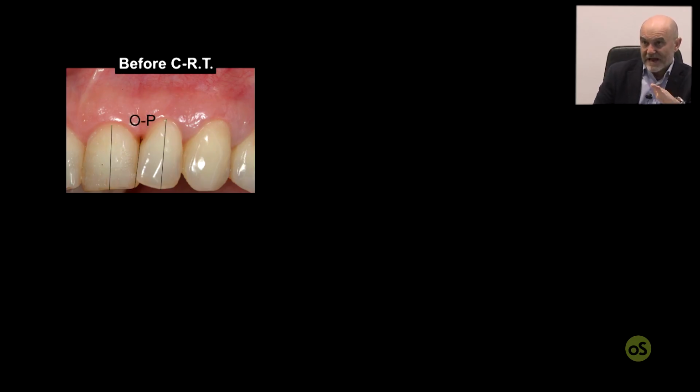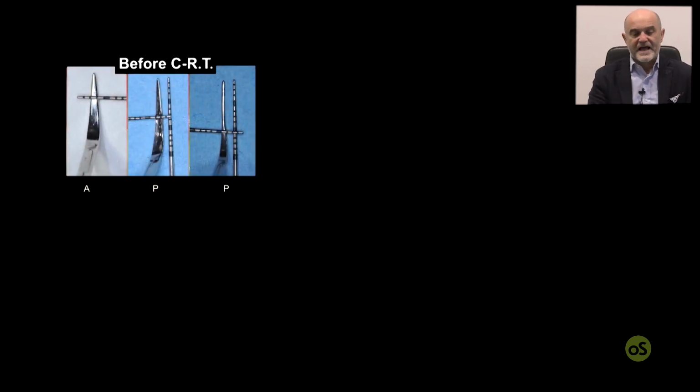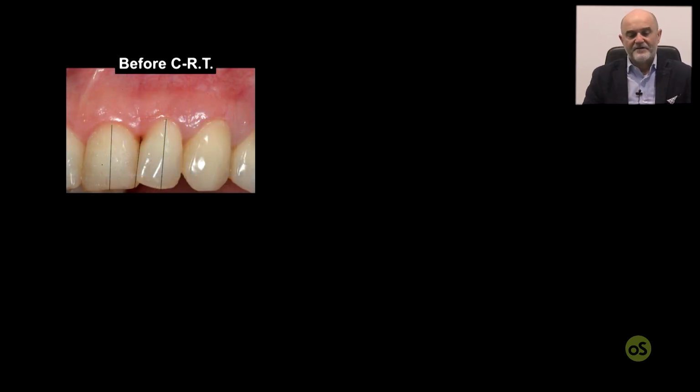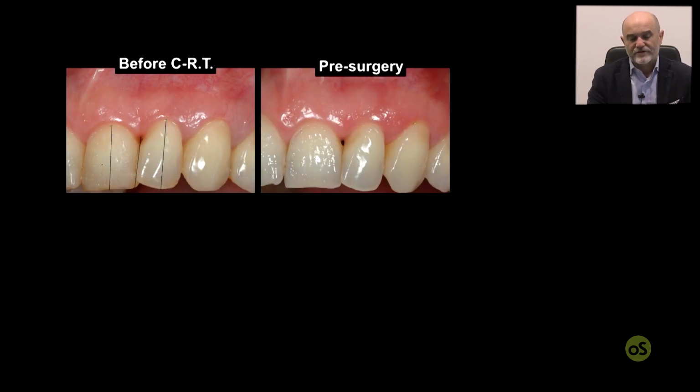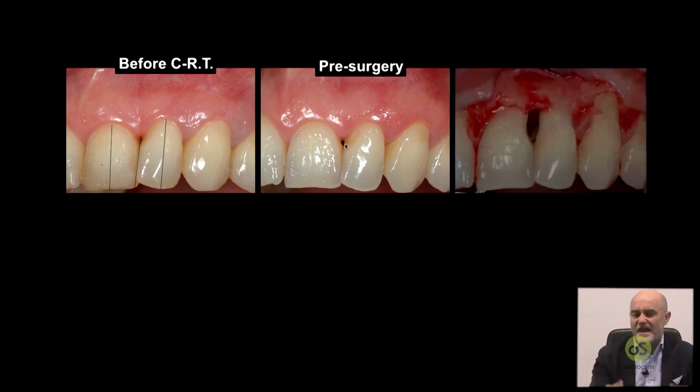Then we started the non-surgical phase, which was done with different types of ultrasonic tips, and 4 weeks later, at the time of the surgery, we repeated the same measurement. You can see that there is almost no gingival recession, only some minor loss of the tip of the papilla. Why? Because unluckily, this papilla has a tip and not an isthmus. If it was an isthmus, the shrinkage would have been even less.